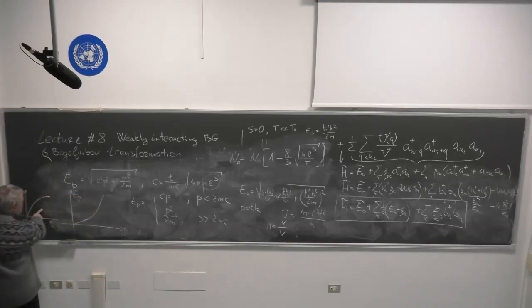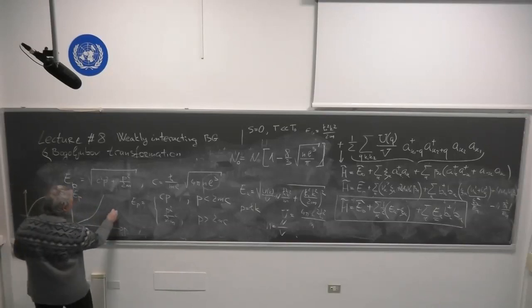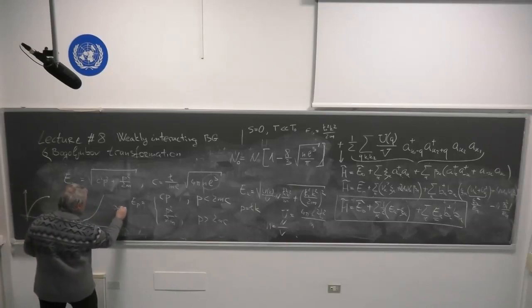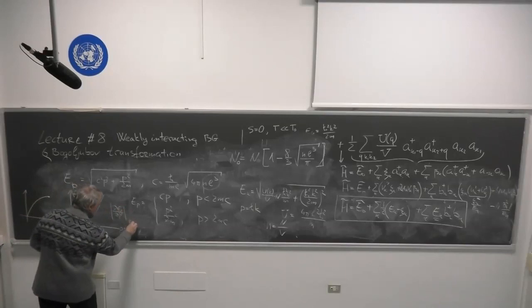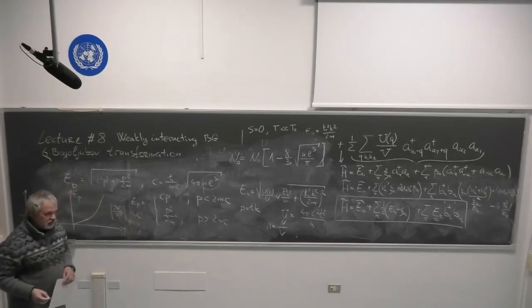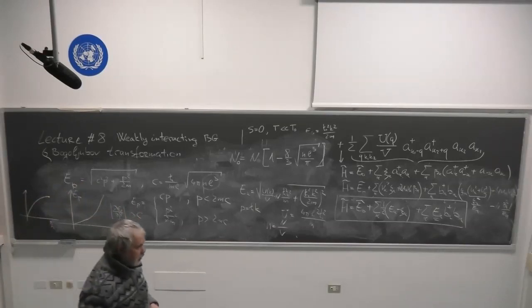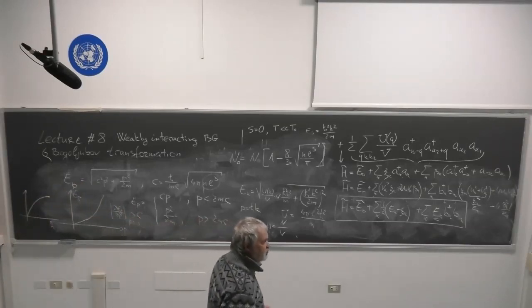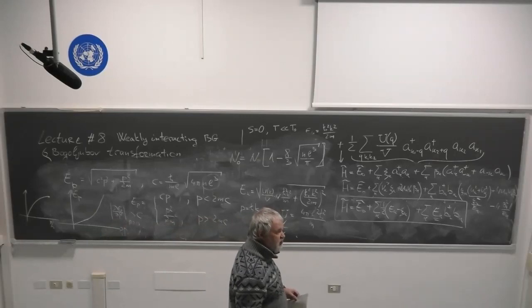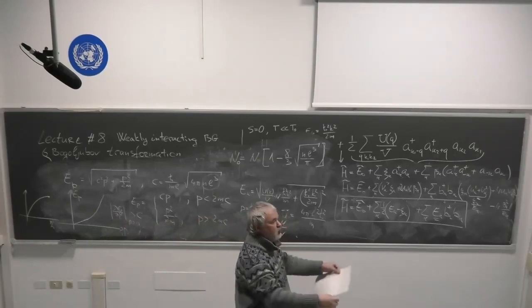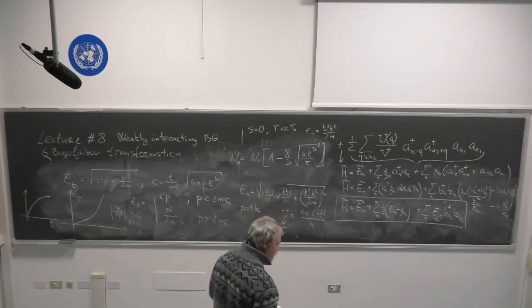Here, we have a completely different shape of spectrum. Namely, if we compute the modulus of dE_p over dp for any p positive, we will get that this is larger than the sound velocity. So the curvature of the spectrum is positive, which means that your sound-like excitations are unstable with respect to decay into two other excitations.